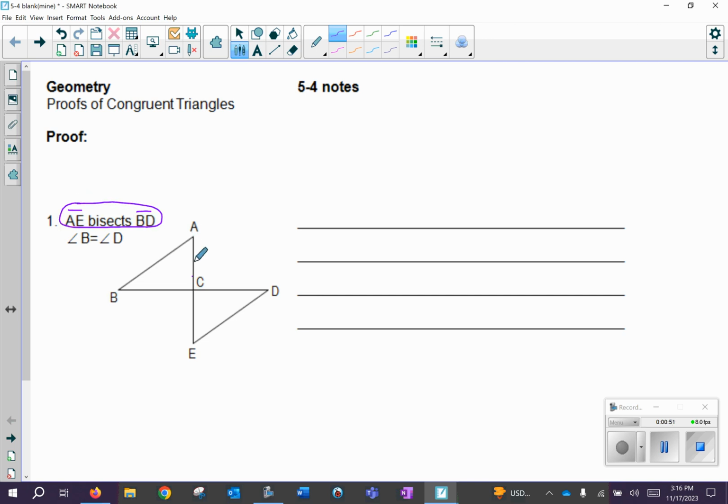All right, so if AE is cutting through the middle, it's the knife, BD is the bread, then you're saying that these two pieces are equal to one another. So again, I like to circle, mark it in the picture, and immediately make the statement. Okay, we're used to saying segment BC equals segment CD. And yes, you need to be using all of your symbols.